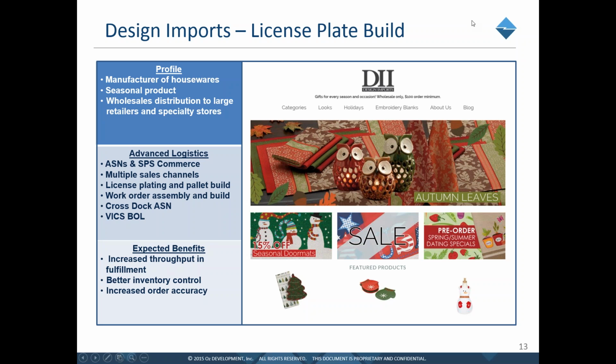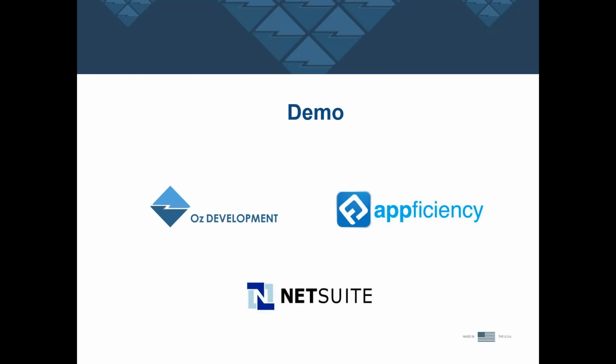So you only want to have so much information on the license plates that the warehouse needs to use, but of course you can go quite in depth on the record itself should you want to track more details. One of you guys asked about lots. That's a good example where you may want to have a little bit more lot information in the license plate record itself as well.